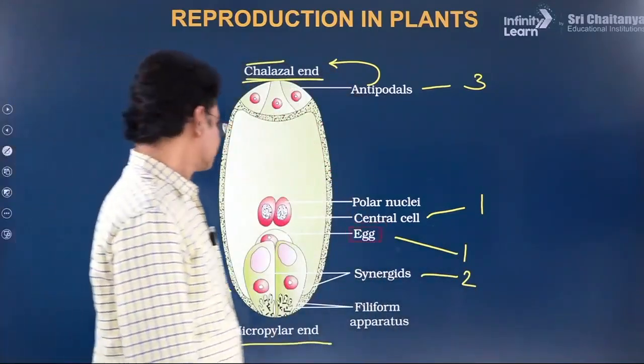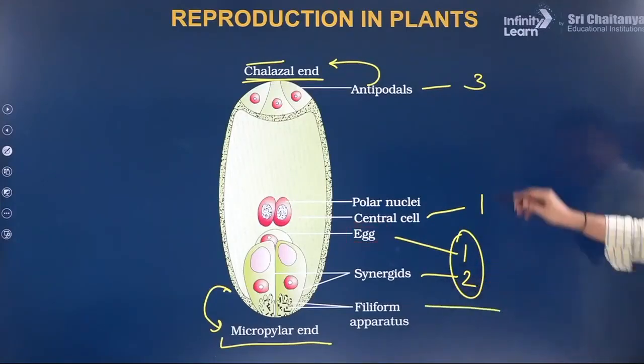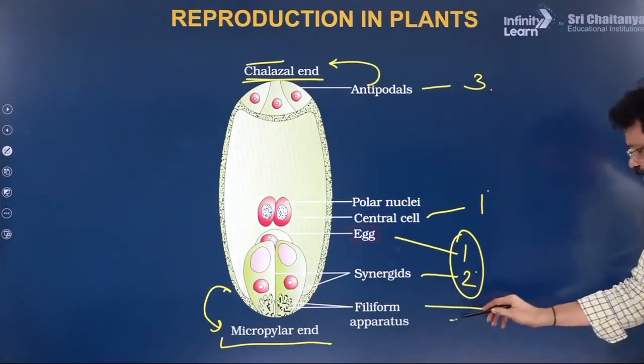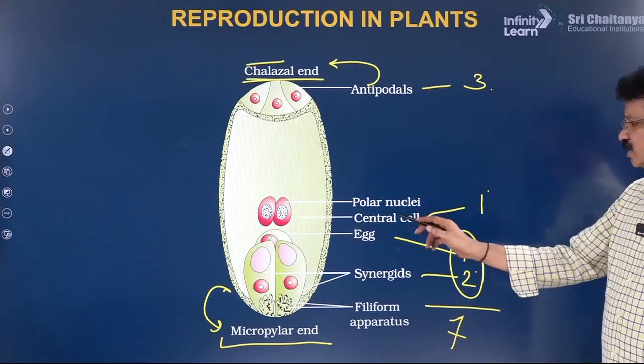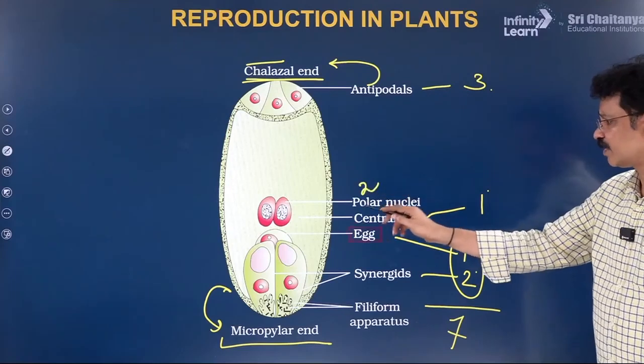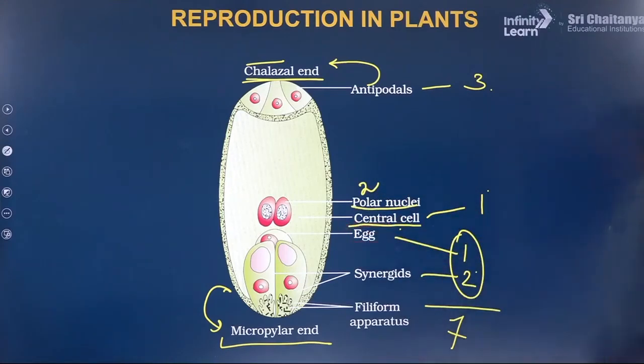In this embryo sac, total number of cells is 3 plus 1 plus 3, that is 7. But number of nuclei is 8. In the central cell, 2 polar nuclei are there. A pair of polar nuclei are found in the single central cell.